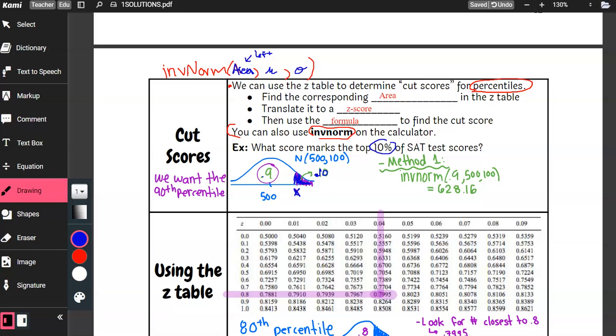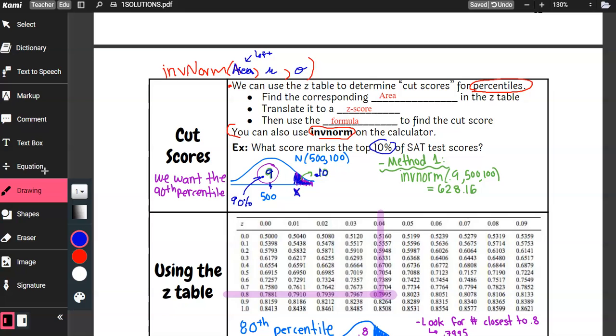That means that down here to the left of it is 90%. The mean is 500, so we want the 90th percentile. So you go to the table and look for the 90th percentile, and that should tell you the z-score.